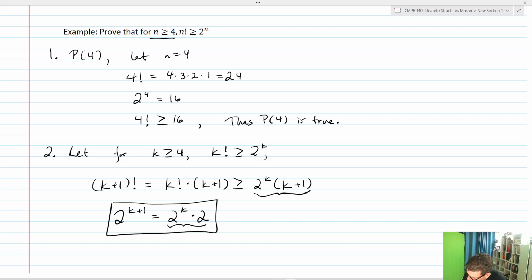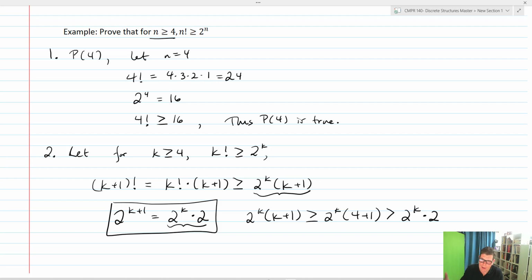What we can say now is that 2 to the k times k plus 1 must be greater than or equal to 2 to the k times 4 plus 1, because k is greater than or equal to 4. Which is, in fact, strictly greater than 2 to the k times 2. 2 to the k times 5 is bigger than 2 to the k times 2. You don't really need to do much proof work with that.